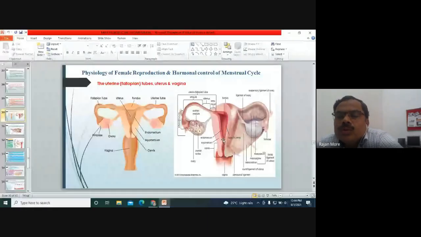Changing to the hormones, these are the two structures in which the female reproductive system is shown, here with the section and here with the entire figure.